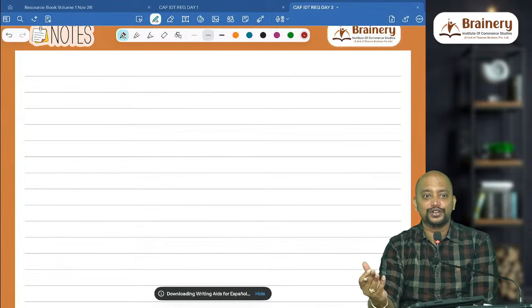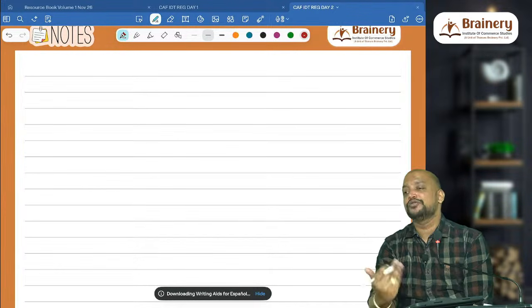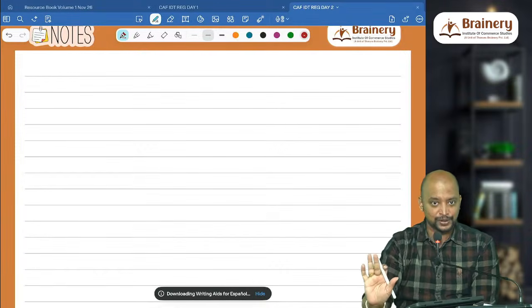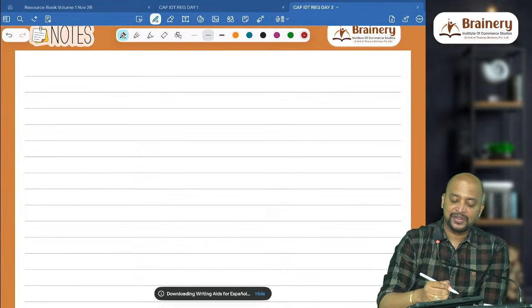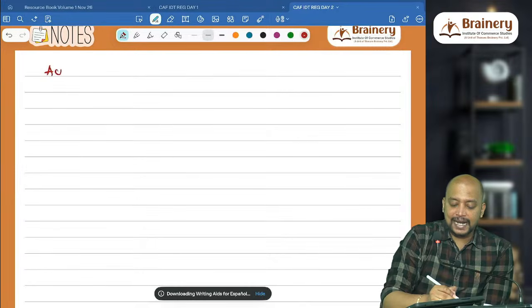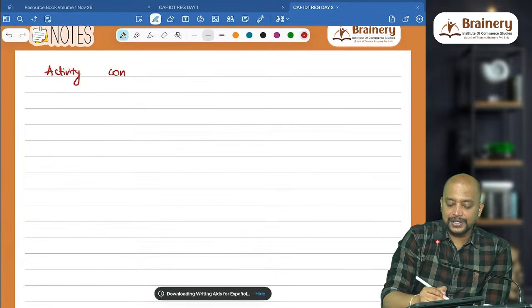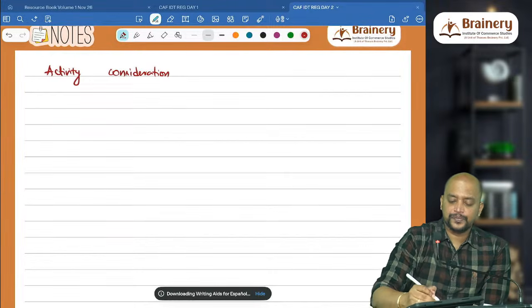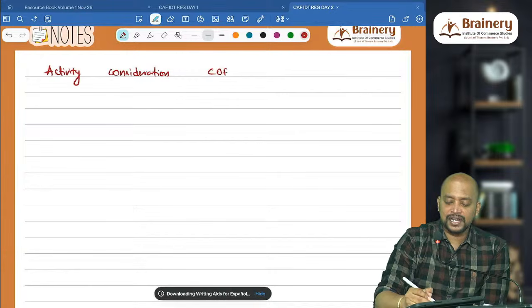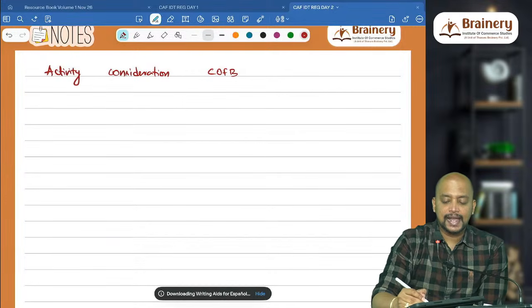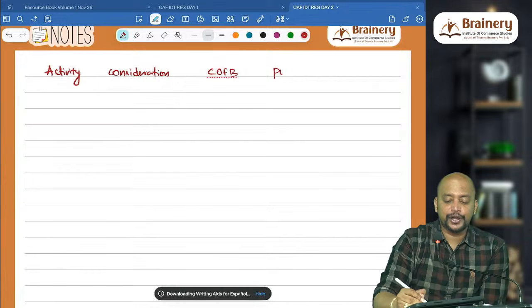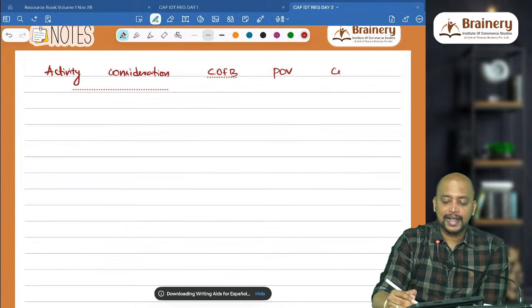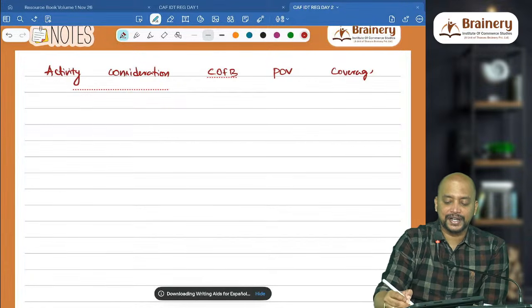If you want to make running notes, you can do that, but I'm just telling you. First, activity, consideration, course or furtherance of business, from whose point of view we need to check, and what is the coverage.